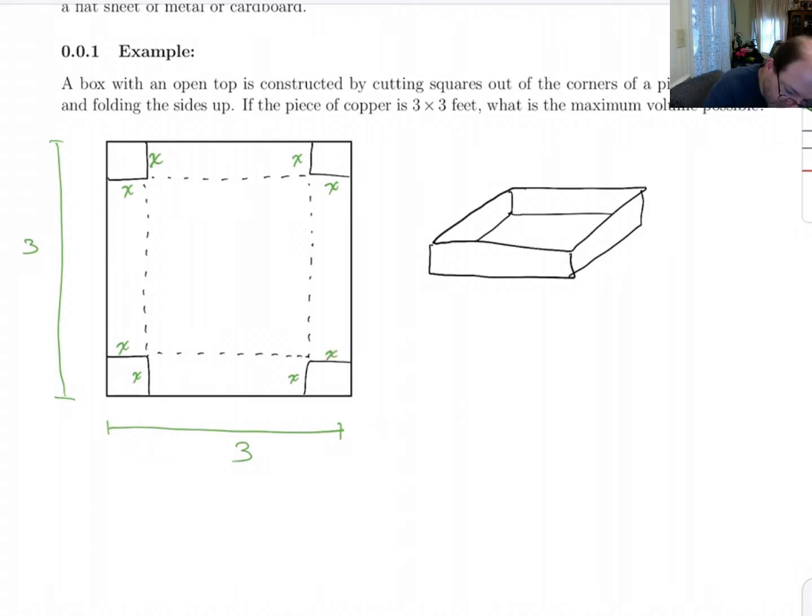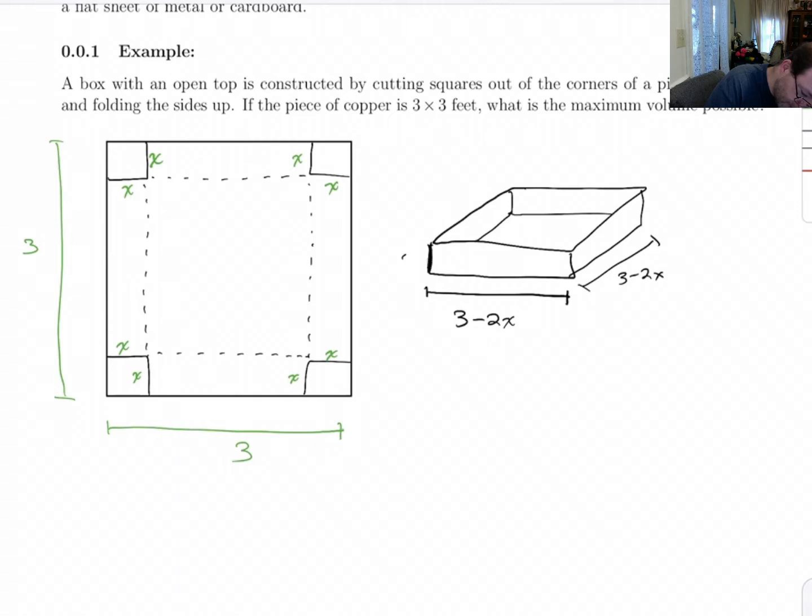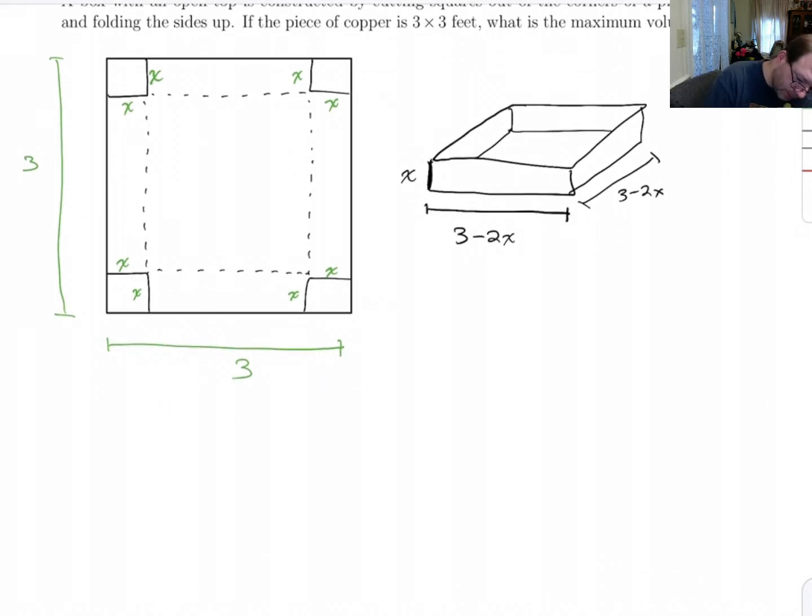So when we fold this together and we get this box, what we have is a box with a length and a width of 3 minus 2x. And the height of the thing from top to bottom is x, because that comes from the x over there. So what we want to do is maximize the volume of this box.